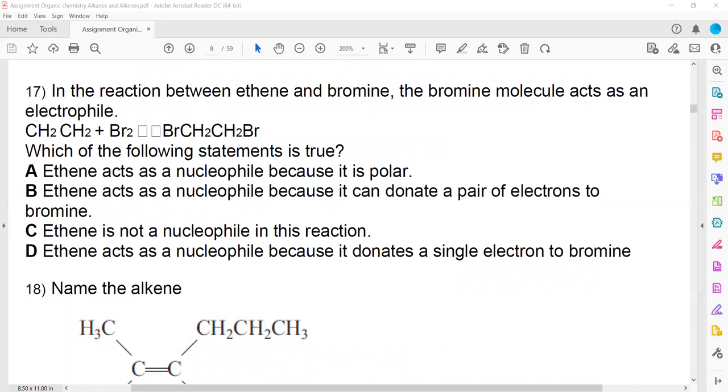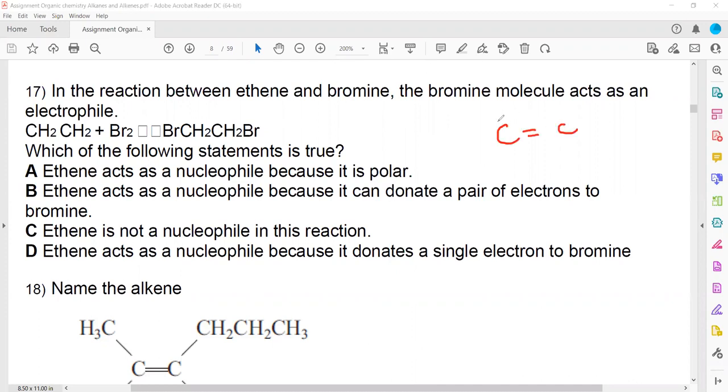In question 17, what is the meaning of electrophile? Electrophile refers to an electron loving group, a substance or molecule which is attracted to electrons.